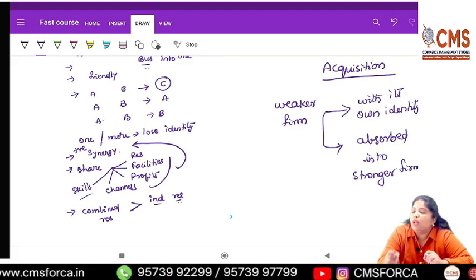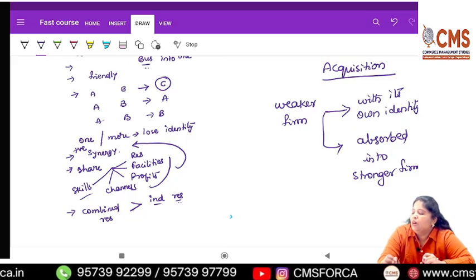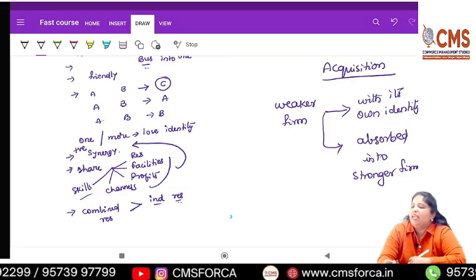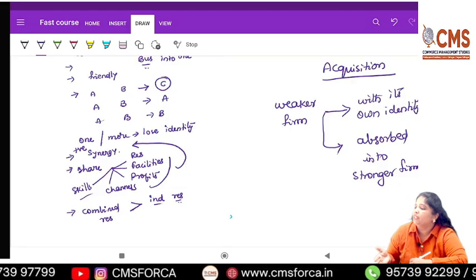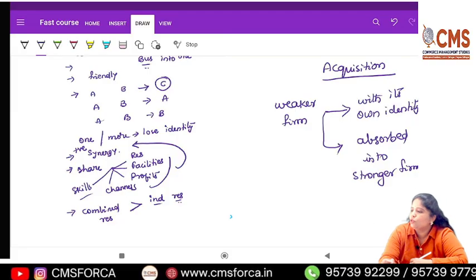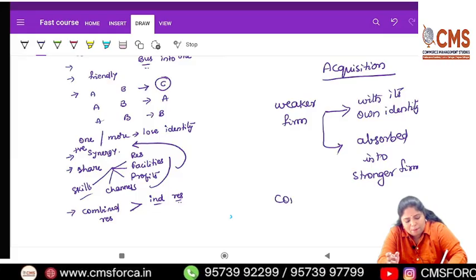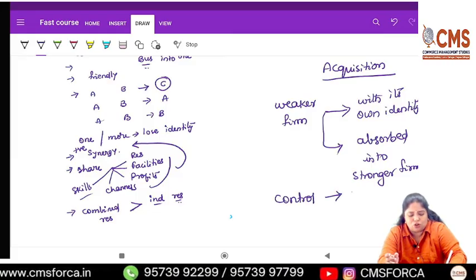But what is one more prime difference between a merger and acquisition? When acquisition happens, can I say, like how it happens in a merger, there is a sharing of resources or profits? No. Control completely lies with the stronger firm.